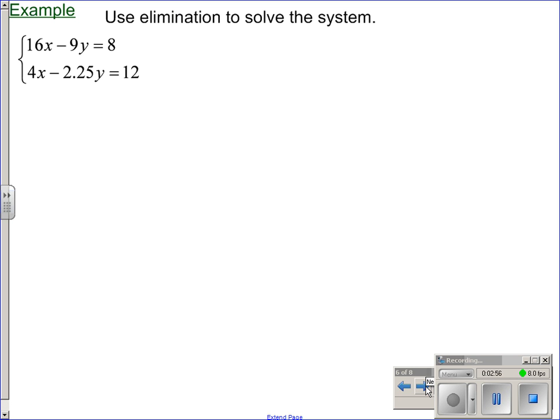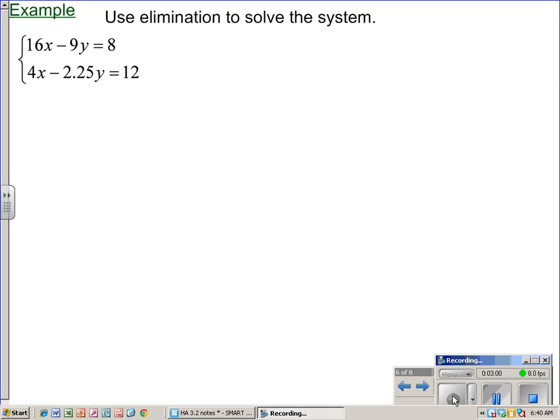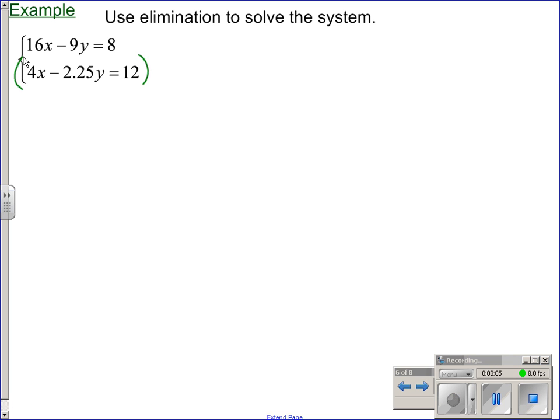All right, so directions say use the elimination method. Looking at this, I'm going to multiply the bottom equation by a -4. That means the top equation stays the same.